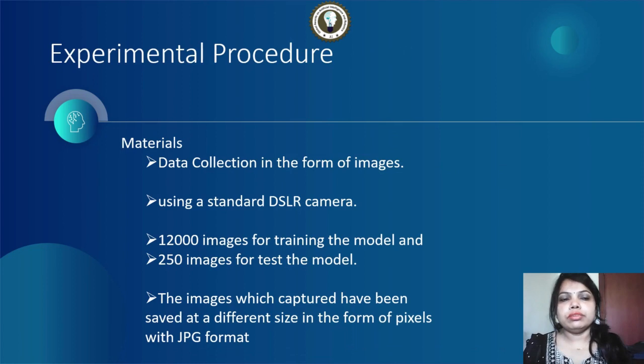Now, if we come to the experimental procedure, I have collected data in the form of images, all using a standard DSLR camera. 12,000 images have been collected for training purpose, and around 250 images to test the model. The images which have been captured are saved in different sizes, in pixels, in JPG format.